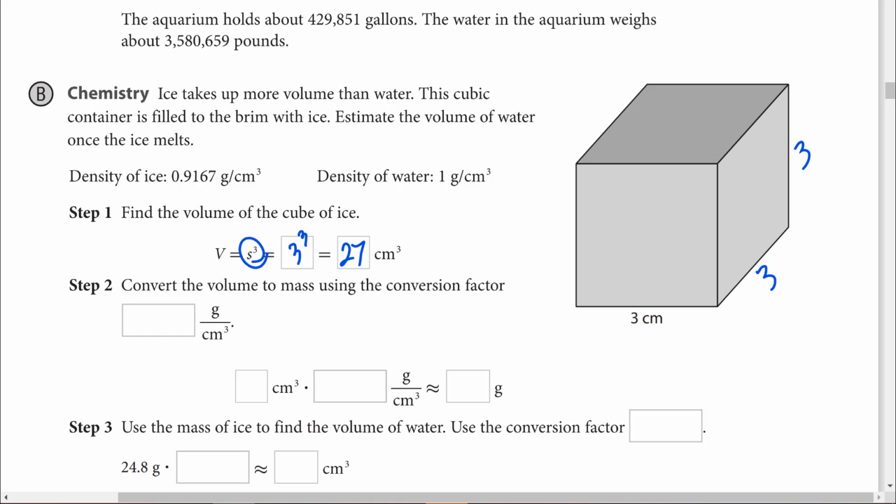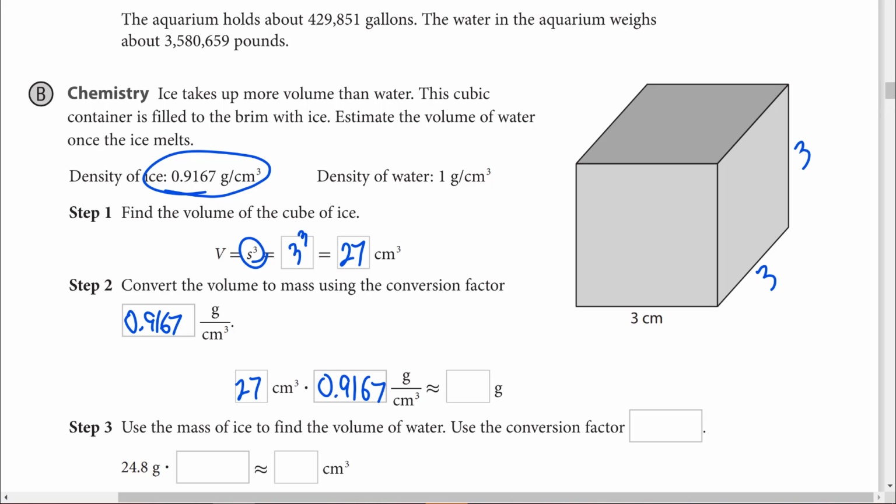Once it melts, what is my water going to be? Well, we need to figure out how much water we actually have in its frozen form. Right now it's ice, so its density is 0.9167. So we take that 27 cubic centimeters, and there are 0.9167 grams in 1 cubic centimeter of ice.